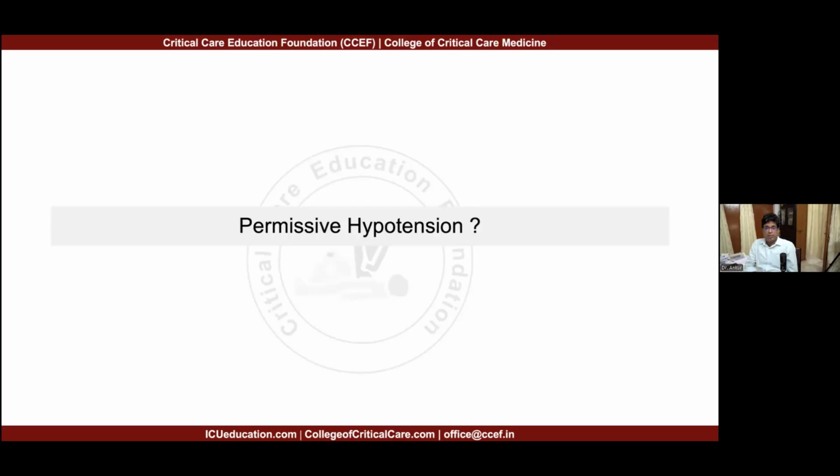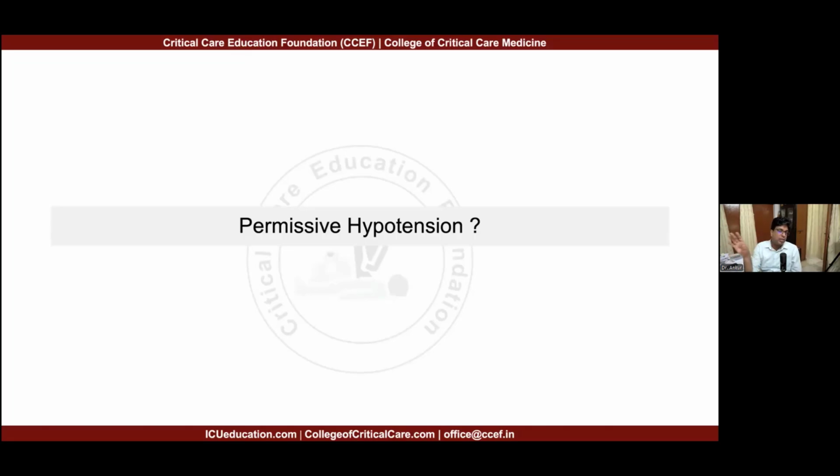Permissive hypertension. We have discussed. I told you that in trauma patients there is a term which is coming up, damage control permissive hypotension, and damage control surgery, where they keep the systolic blood pressure less than 90 or somewhere around 90 so that bleeding is prevented.